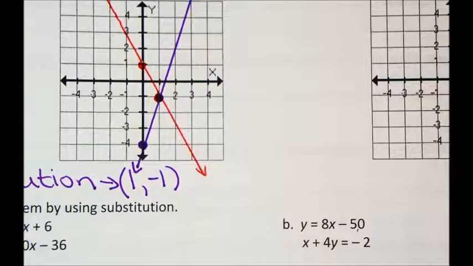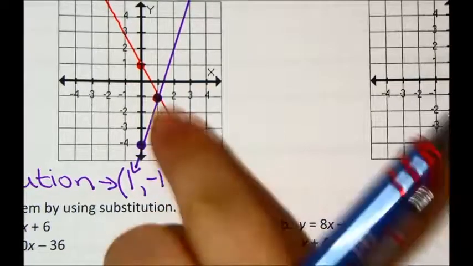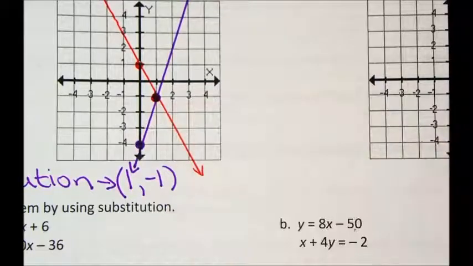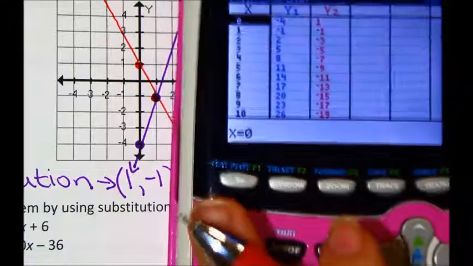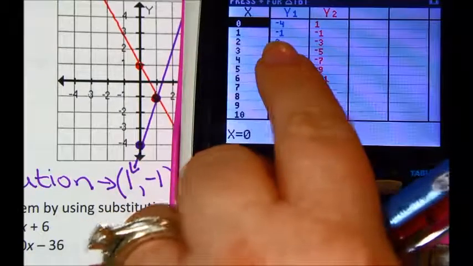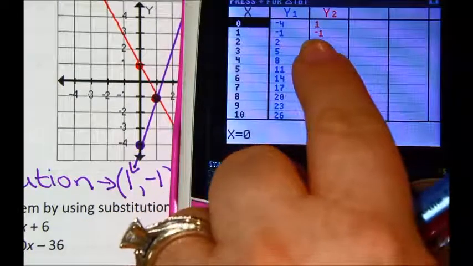We can see our solution on our graph where they intersect at 1, -1. We can also see that on our table. When x is 1, both equations lie at -1.